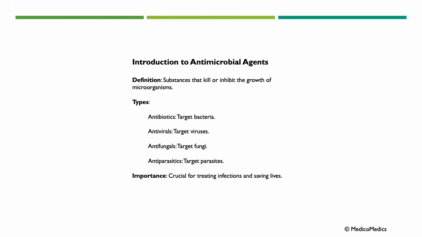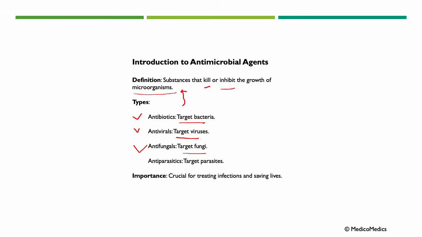Now, introduction to antimicrobial agents. So these are substances that kill or inhibit the growth of microorganisms. And we have different types. So we have antibiotics. These target bacteria. Antivirals. These target viruses.